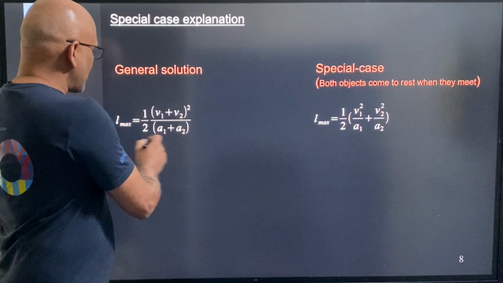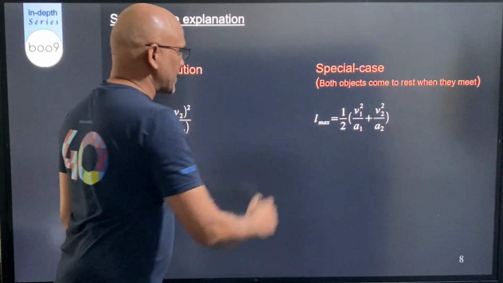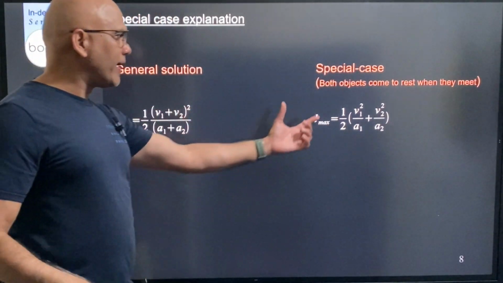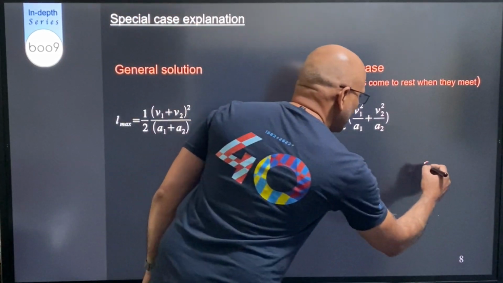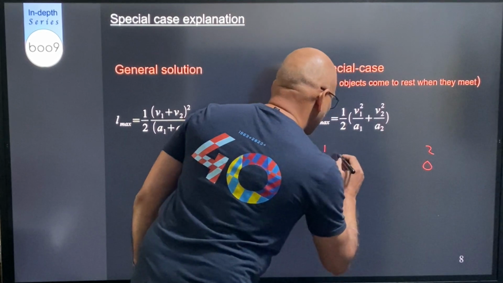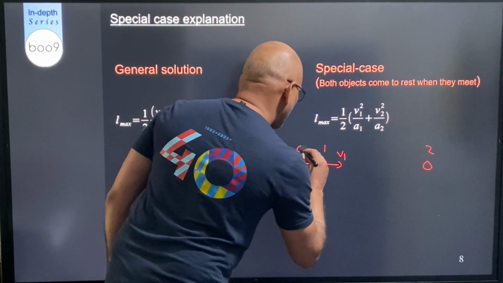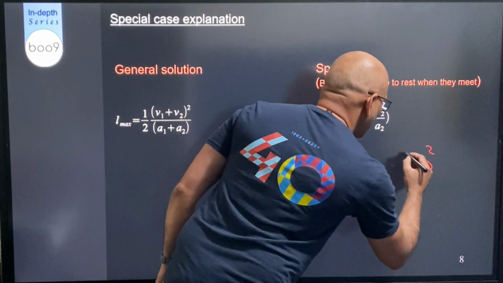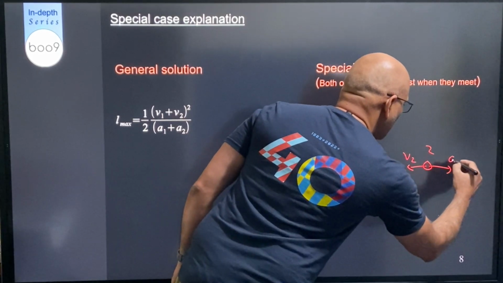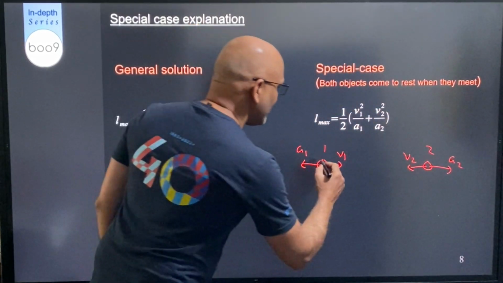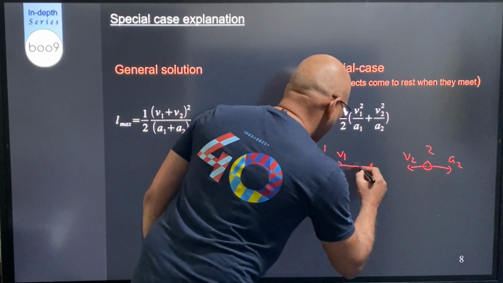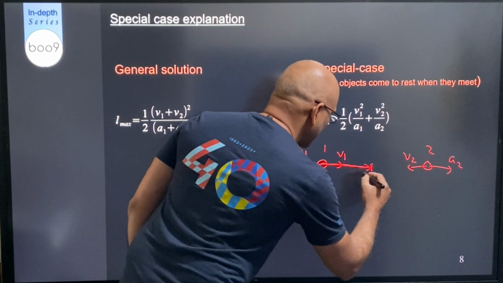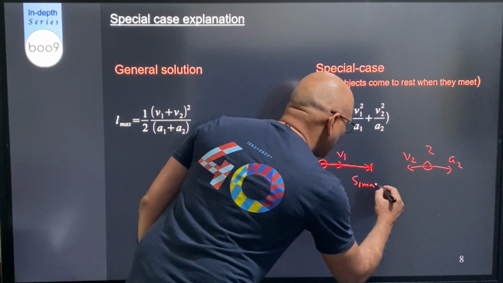So this is the general solution. I have copied it here, and this is a special case. Now recall how I arrived at this expression. This is object 1, this is object 2, this is v1, a1, v2, a2. I said this goes like this, comes to rest somewhere here, and then it returns, and I called it S1 max.